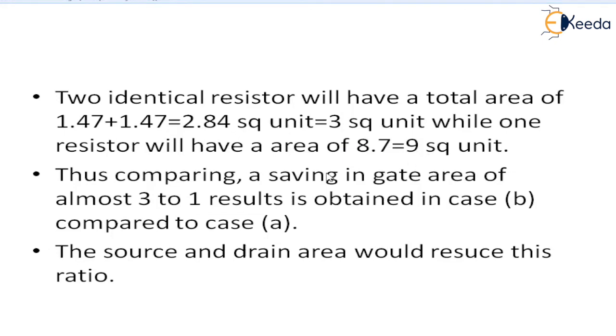So a saving of 3 to 1 is obtained when we use two resistors in series as compared to a single resistor. So we have seen the W by L ratio becomes close to unity.